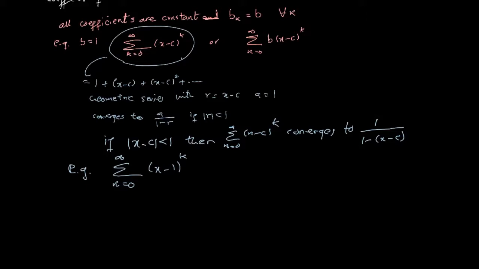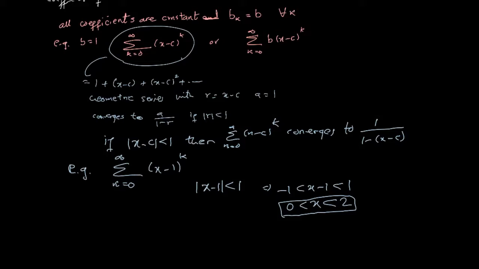This is a geometric series clearly, and here the absolute value of x minus 1 should be less than 1, which implies that x minus 1 is greater than minus 1 and less than 1, which means that x is greater than 0 and less than 2. So within this range of values of x, our series, a geometric series, will converge.